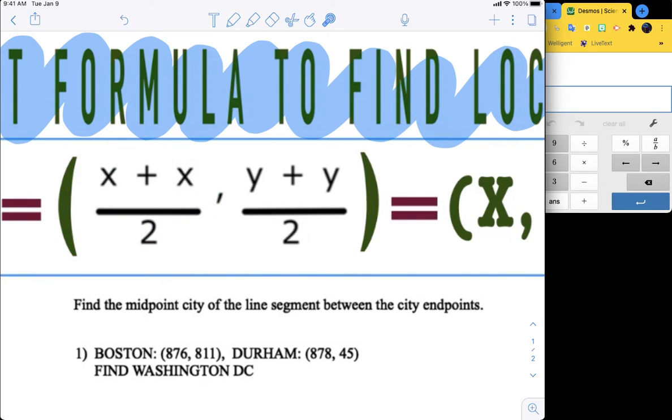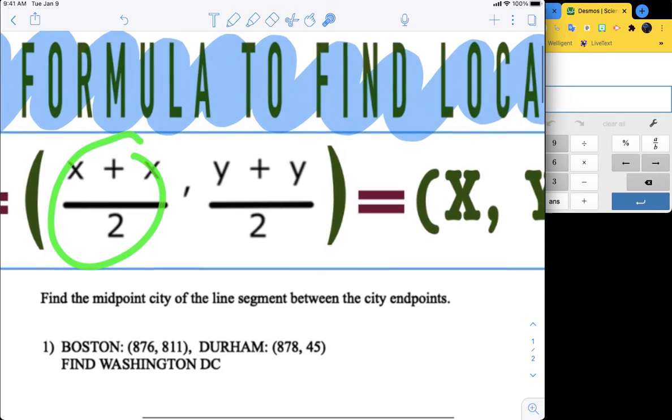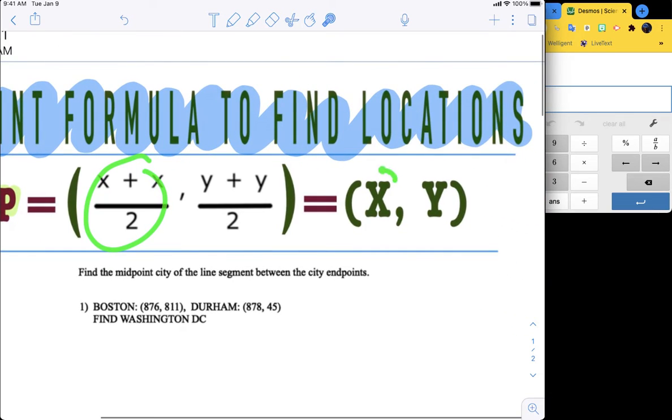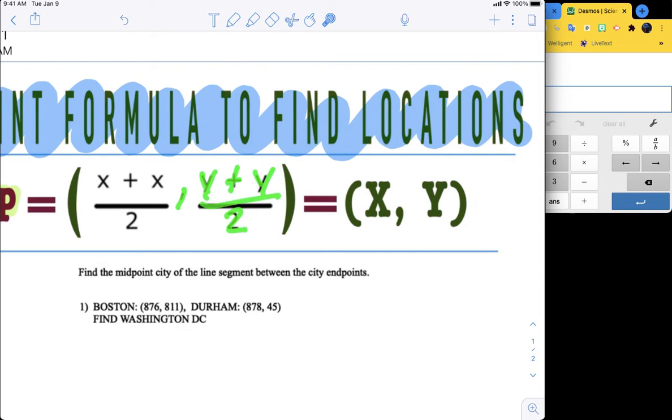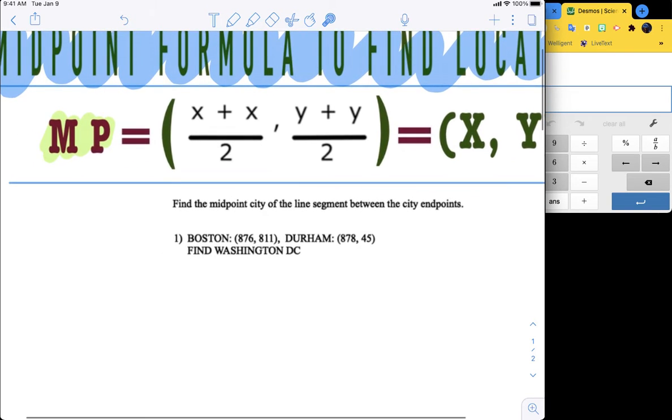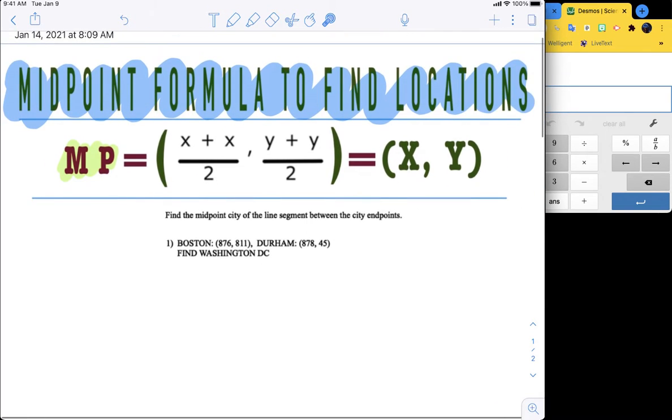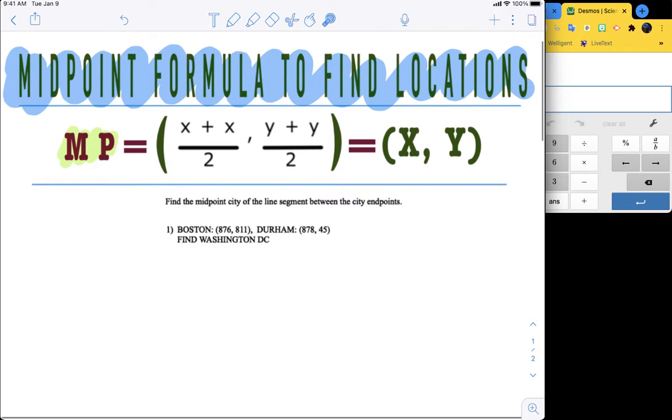Comma, that's to find the x, and y plus y divided by 2 will help us find y. I'm recording, guys. This is what we're going to use to find our midpoint location.